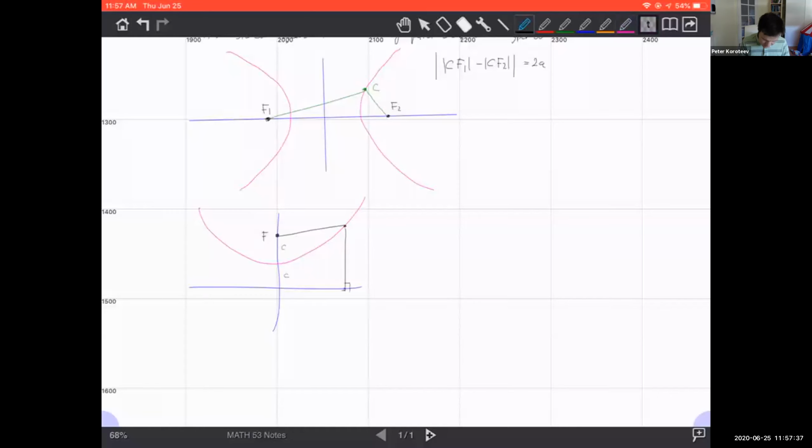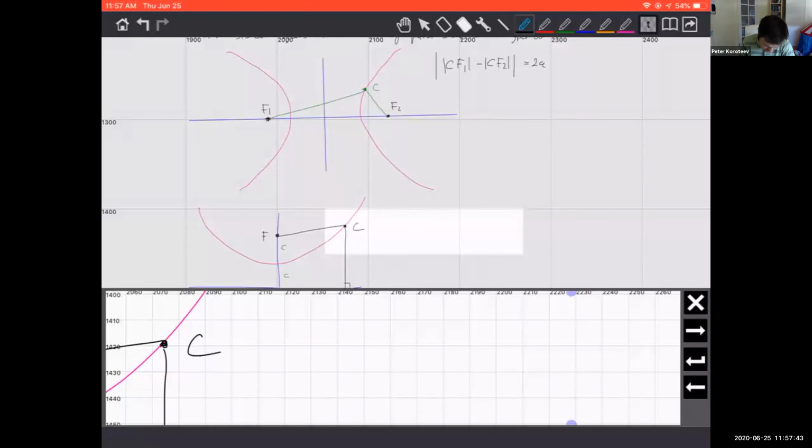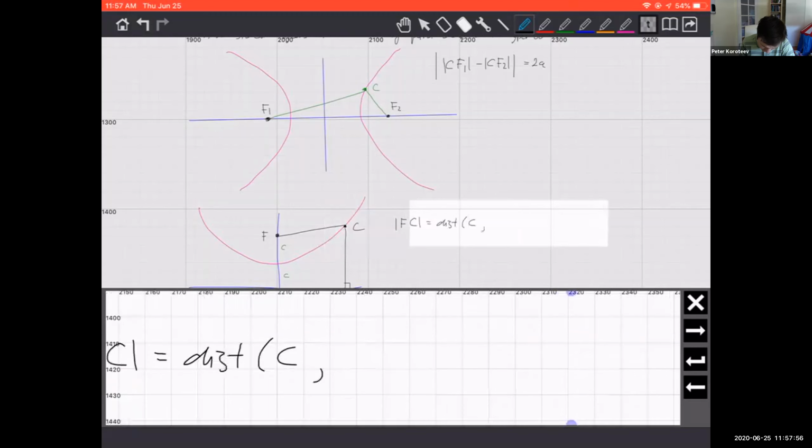Let's say point big C lies on a parabola, and then you're looking for the set of points such that FC is equal to the distance from C to the line, let's call it line L.